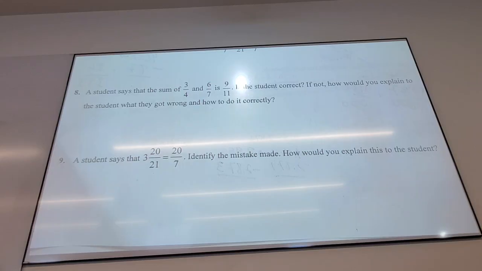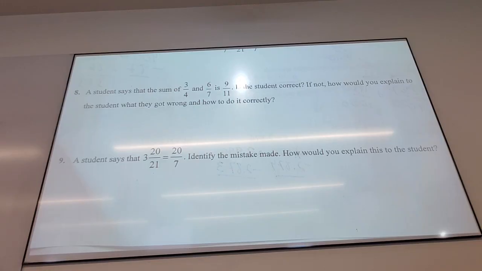Everybody write this down somewhere. Write 3 times 20 over 21. Now put 3 over 1, just to make it easier to look at. Yes, that's what we normally do with whole numbers. Okay. So 3 over 1 times 20 over 21, is that cool? What did the 3 and the 21 do in that case?